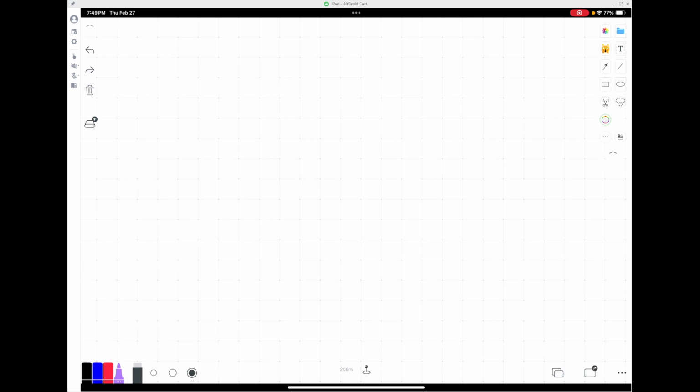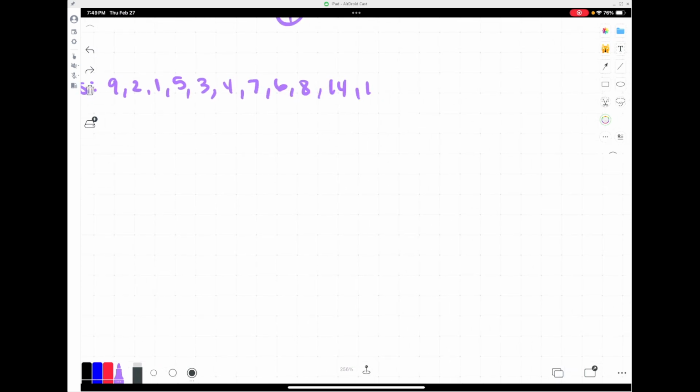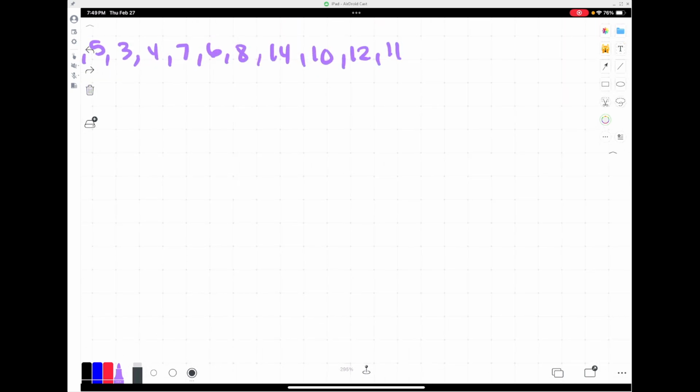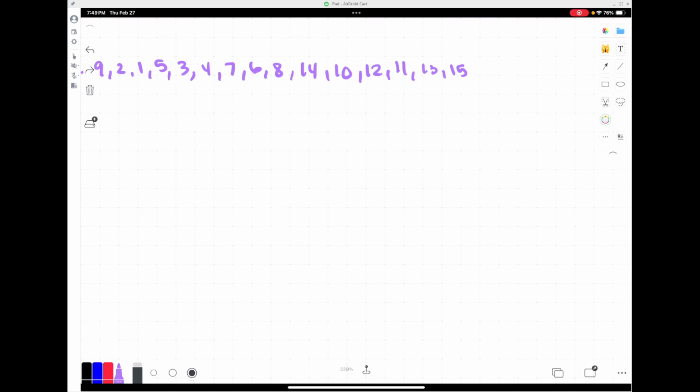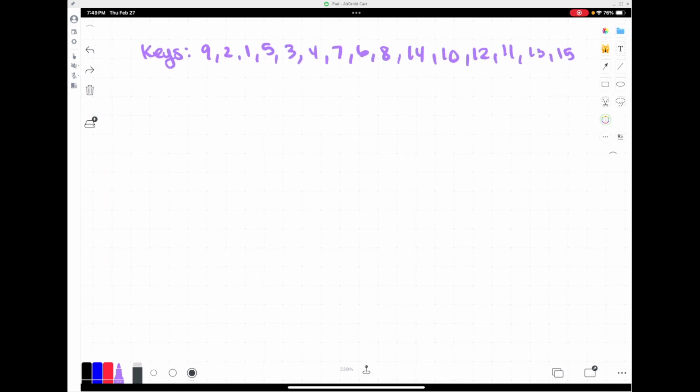So the one in the study guide uses the following keys: 9, 2, 1, 5, 3, 4, 7, 6, 8, 14, 10, 12, 11. Oh, and then 13, 15. And it wants us to use the tree insert algorithm in order into an initially empty BST.